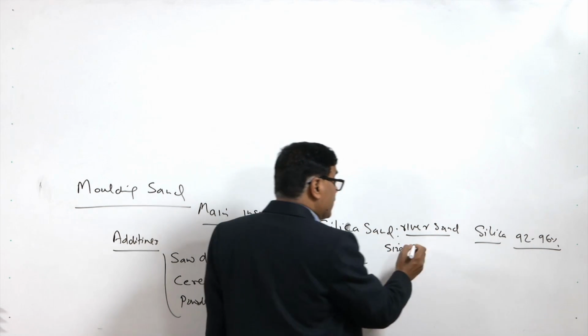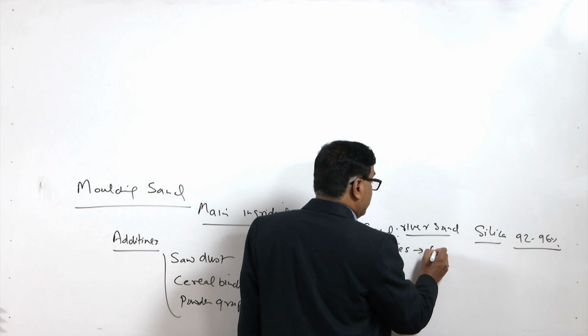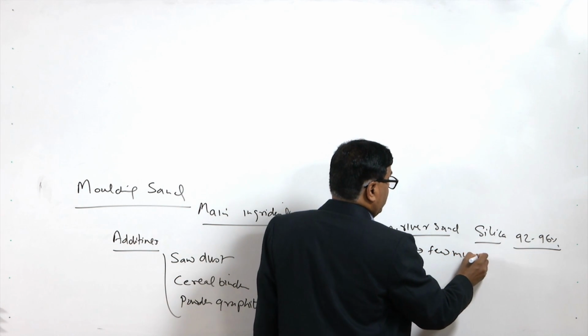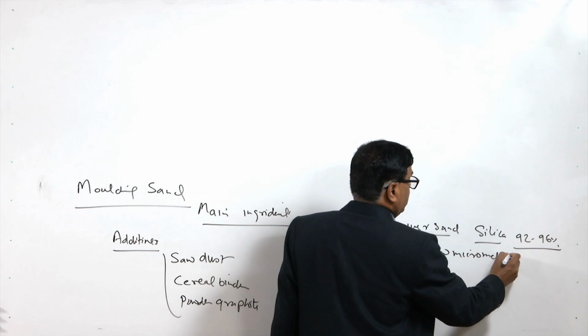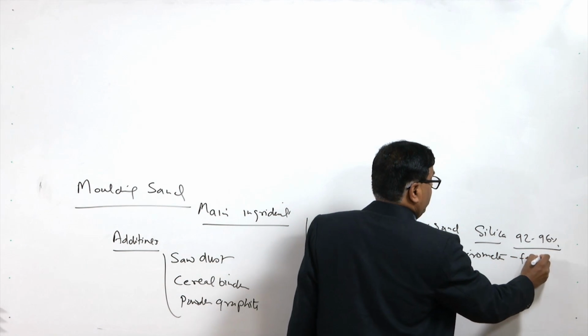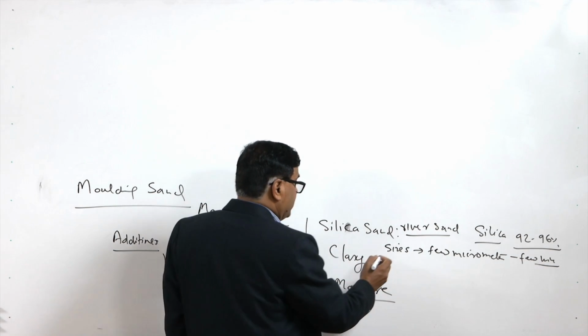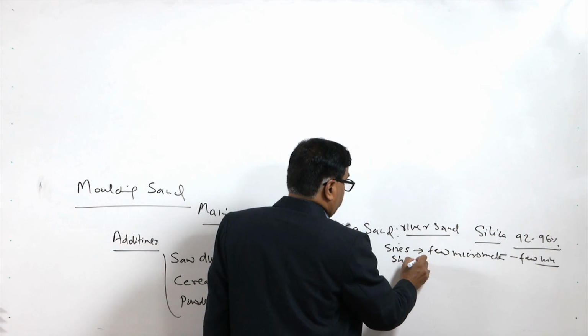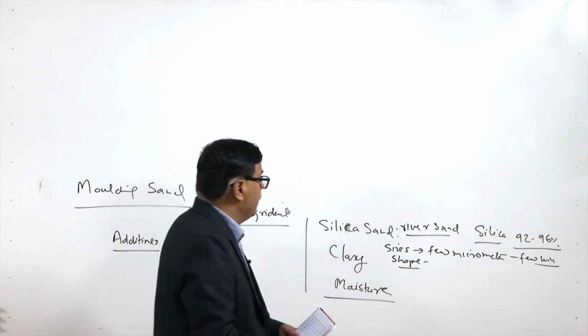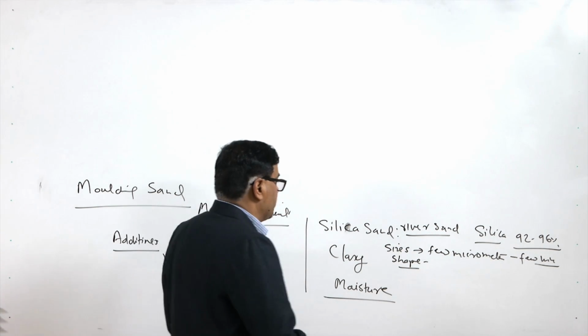The size may range from a few micrometers to a few millimeters, and these are present in a variety of shapes. Both these characteristics are important from the moulding properties point of view.